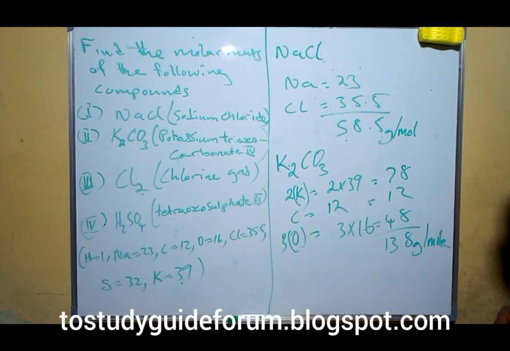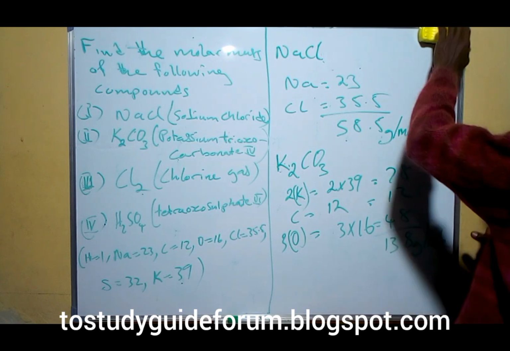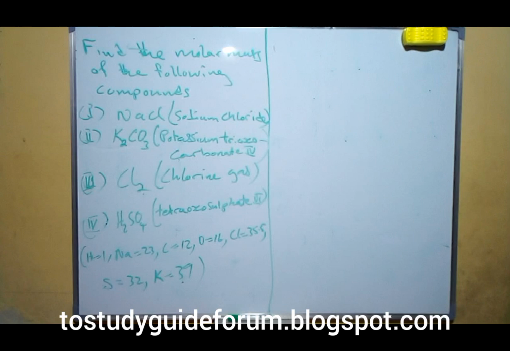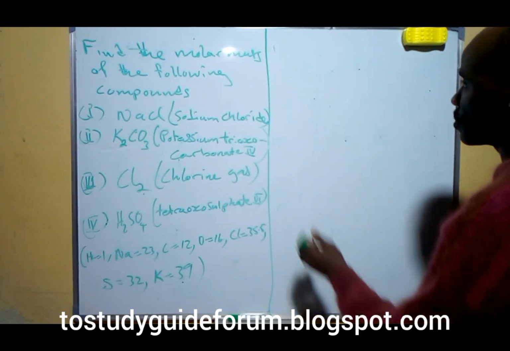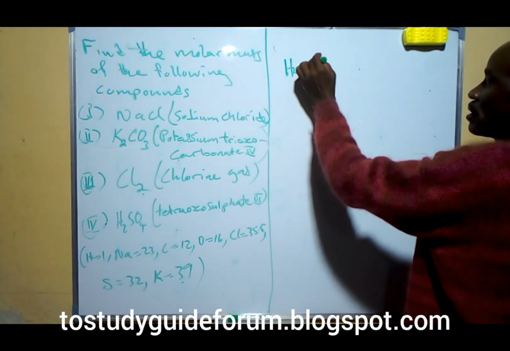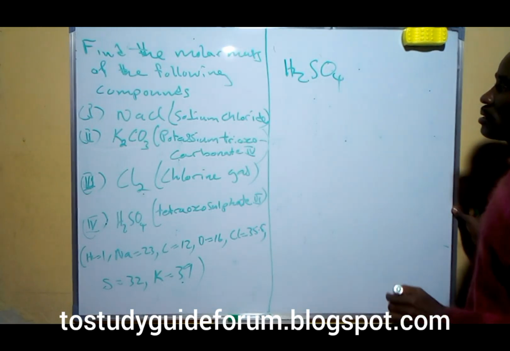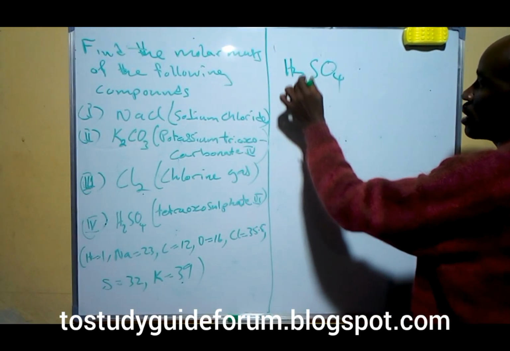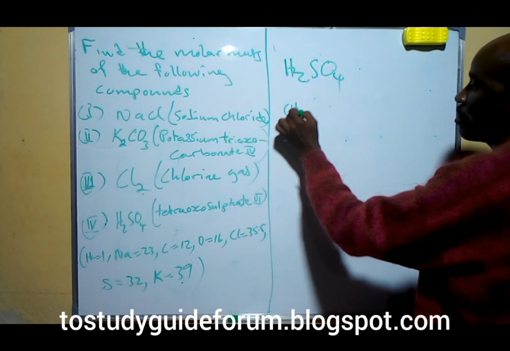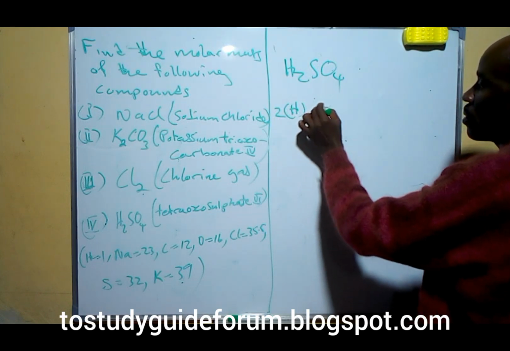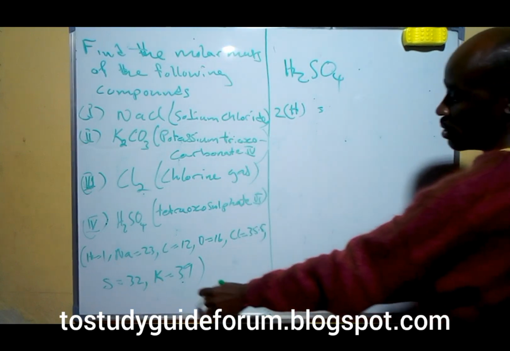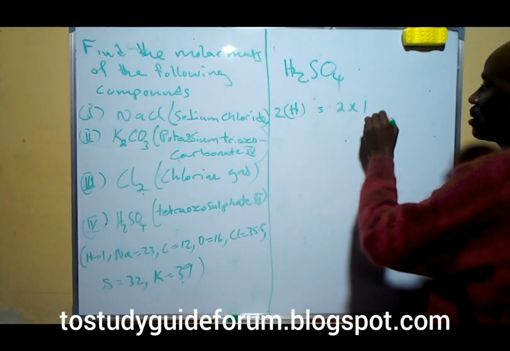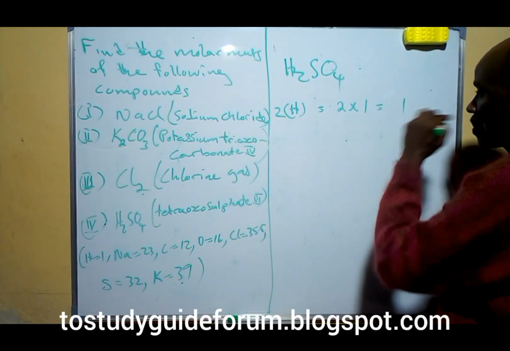So we'll go down to the last one that we have here. We'll move over to tetraoxosulfate 6 acid. Now we know that here hydrogen is 2, that means 2 times 1 will give us 2.